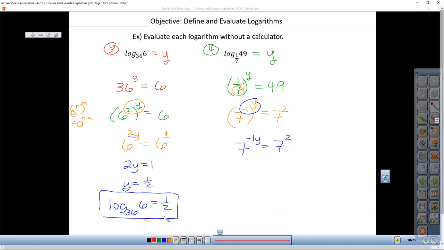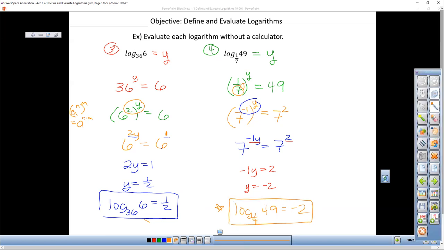Now we can use the exponential property of equality, so base 7 equals base 7, then negative 1y equals 2. So y would be equal to negative 2. So negative 2 is our exponent value. So our conclusion would be log base 1/7 of 49 equals negative 2.